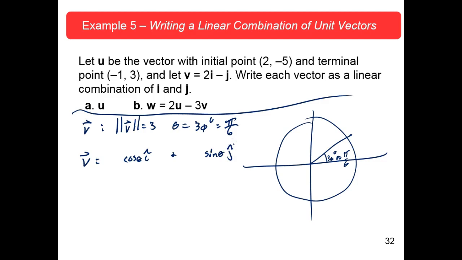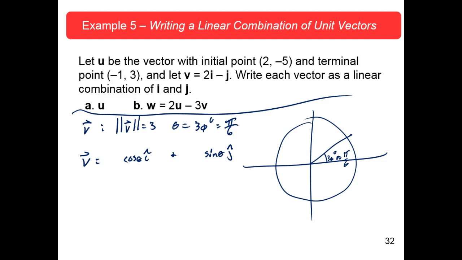Now, what would that give you? If that's all there is, that's a unit vector, because cosine squared plus sine squared is 1. But is this vector v a unit vector? No, its magnitude is 3. So it couldn't be. To be a unit vector, the magnitude has to be 1. So we want to express this vector as some linear combination of those. What you got so far is okay, you just don't have it complete. That has magnitude 1, and it needs to have magnitude 3.